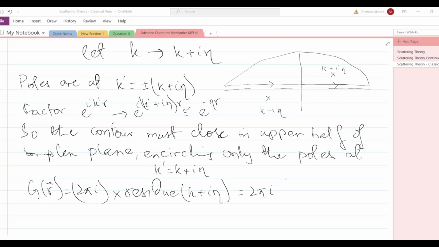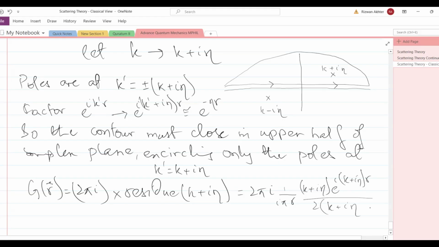Okay, so we continue. So we have here inserting the residue, so that residue would be 1 upon under root pi into r, k plus iota eta e to the power iota k plus iota eta into r, whole divided by 2 times k plus iota eta.